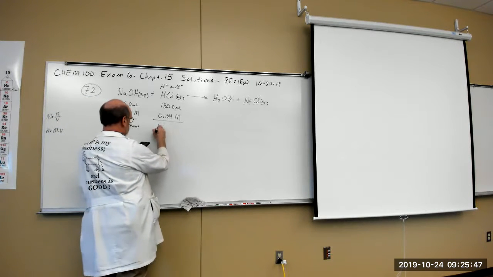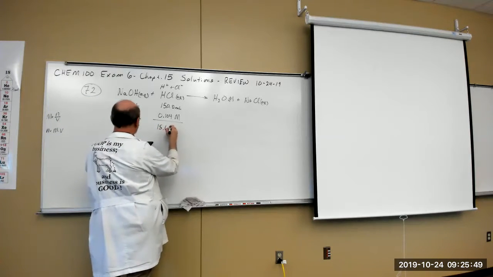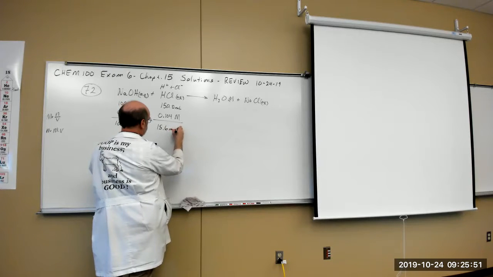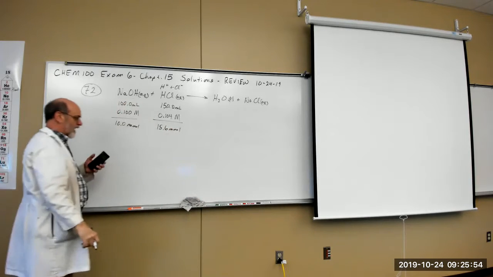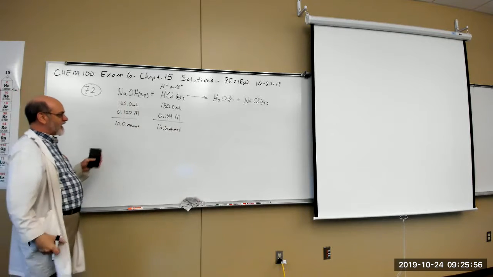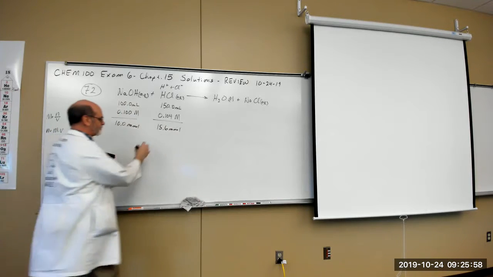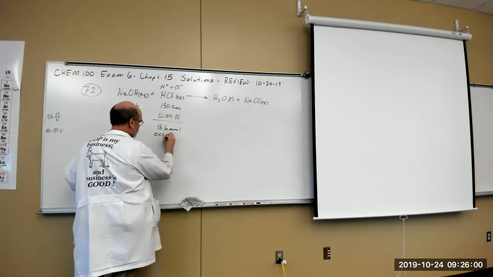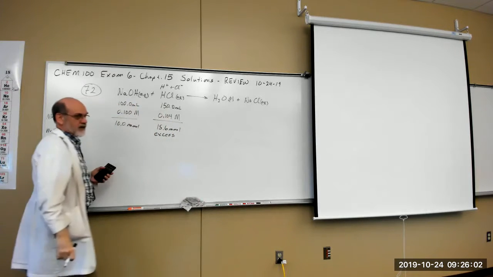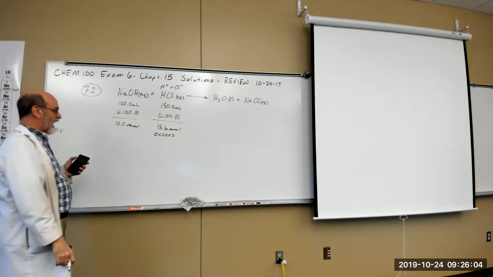So this is 15.6 millimoles. Okay, there's the answer to our question. We have excess acid. That means we are going to have some hydrogen ions left over. How many?